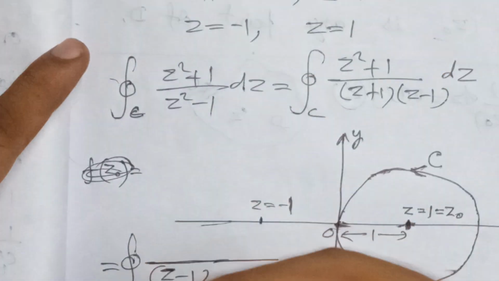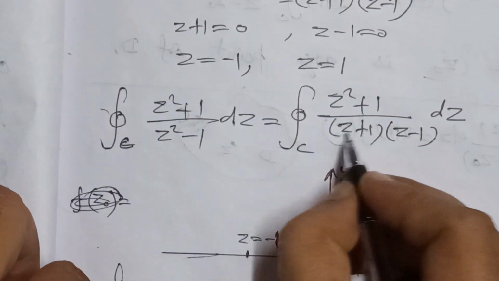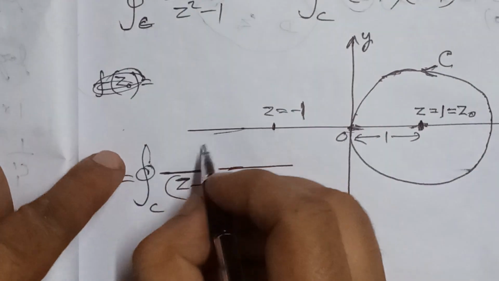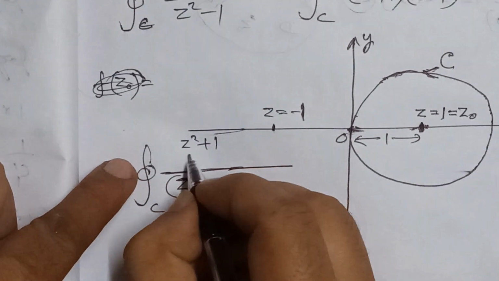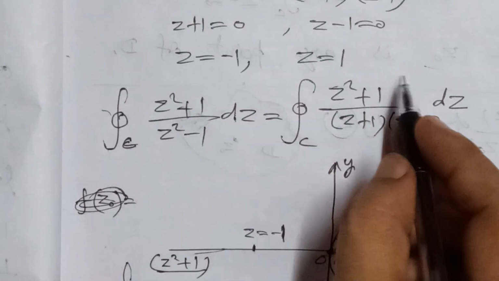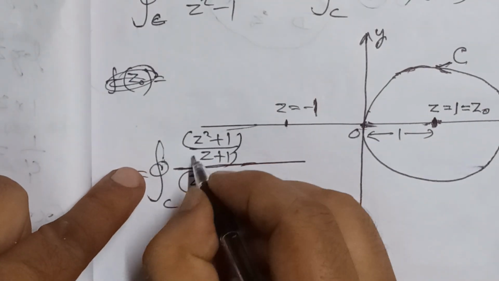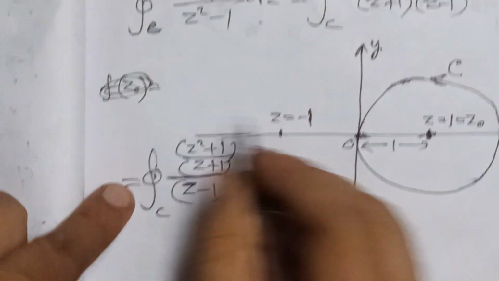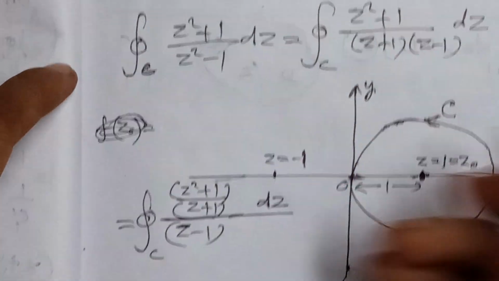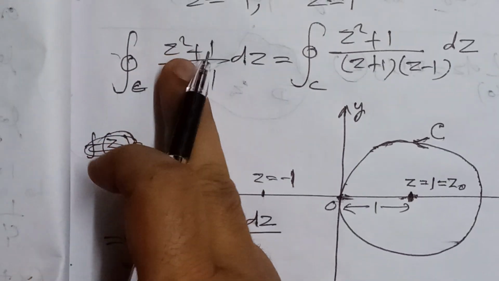So for the sake of applying the Cauchy integral formula, we take (z plus 1) with this factor (z squared plus 1). So we can write this as (z squared plus 1) upon (z plus 1) dz. This integral is equal to this value.